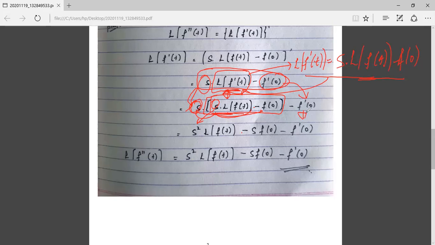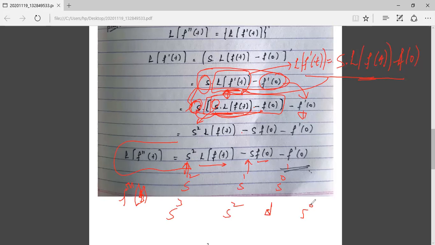So our final answer: the Laplace transformation of the double derivative is s square times the Laplace transformation of f of t, minus s f of 0, minus f dash of 0. Here we get s to the power 2, 1, 0. And when we get the third derivative, f triple dash of t, we will get s cube, s square, s to the power 1.